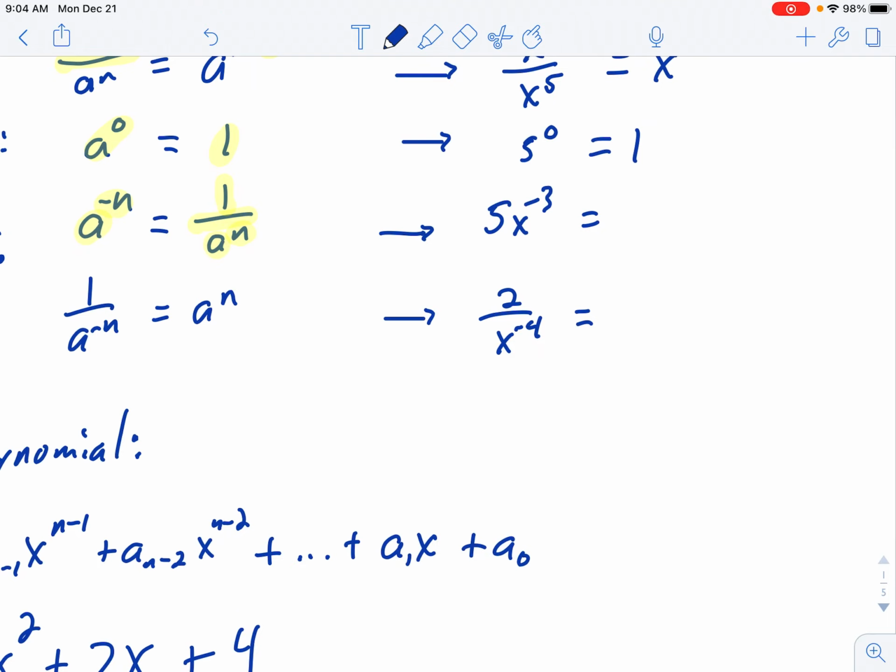So if we have 5x to the negative third, that negative third is attached to the x, so this would become 5 times 1 over x to the third. The 5 is not affected by that power, so it's just 5 times x to the negative third. And then if you simplify that, put this over 1 and multiply, you get 5 over x to the third.